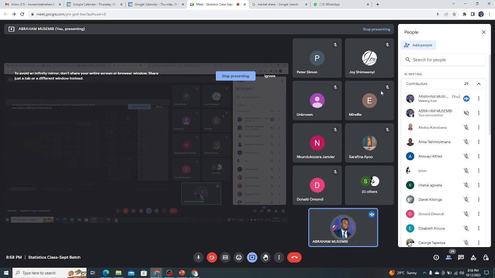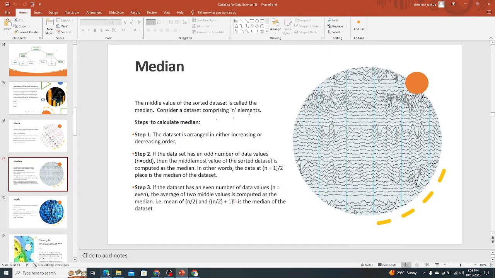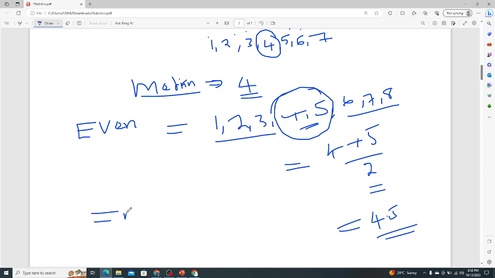It will do the calculations at the back end and give you a result. We have a function known as median, an inbuilt function. Then you highlight the range of your data set, and you can get your median.